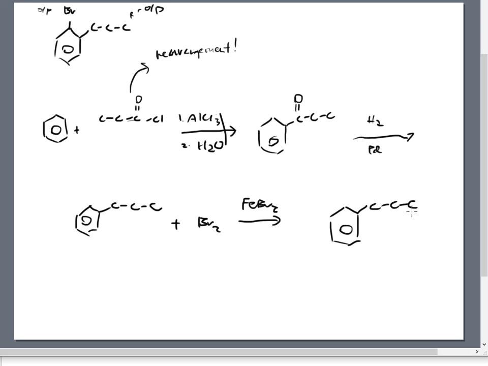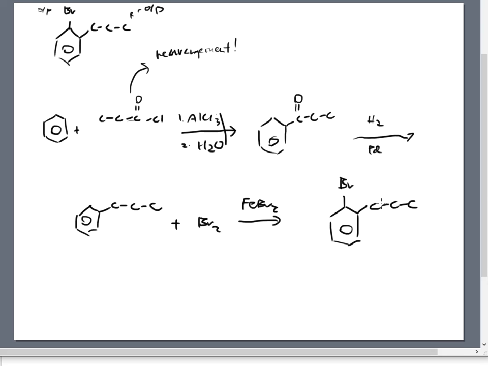So my 3-carbon chain does not get touched. Ortho to that, either direction would be okay. Now this will slap on a bromine, and I will get the product that the question wants. So that is the synthesis of number A. We have to acylate it first. That prevents rearrangement.